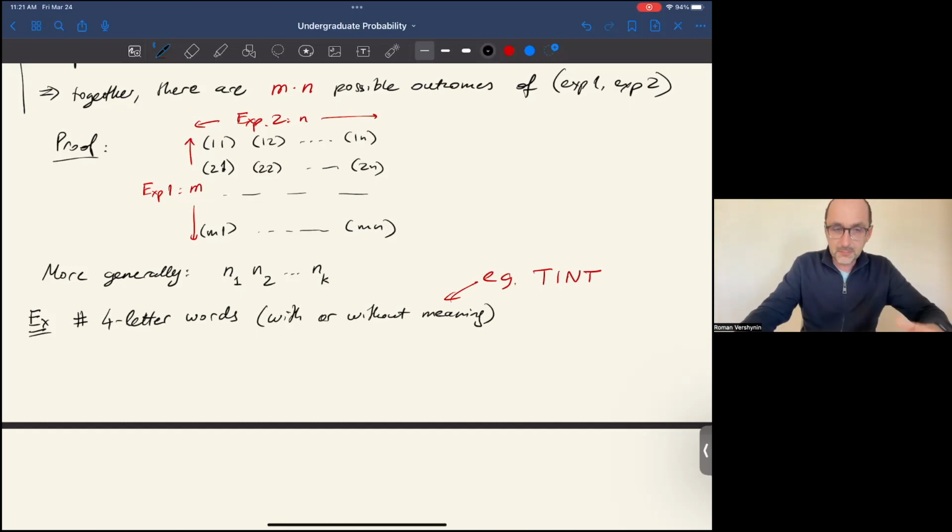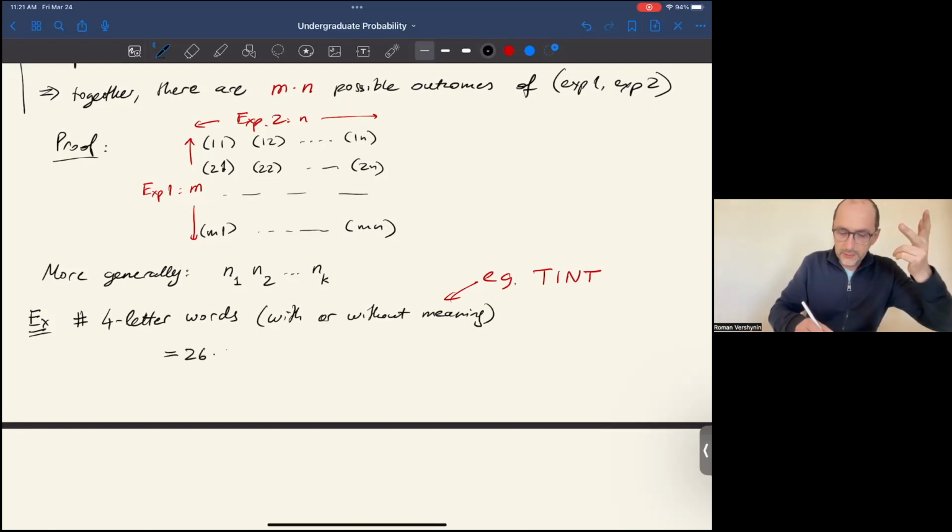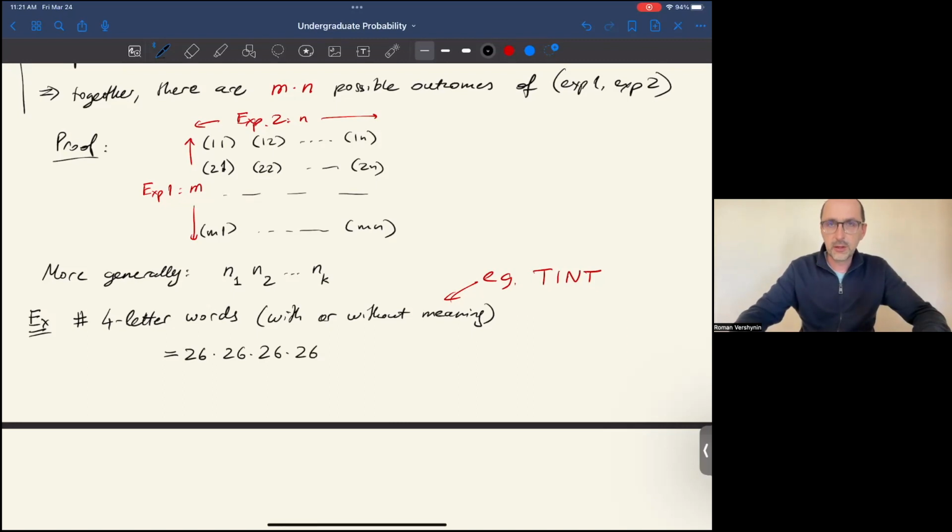How many? Well, there are 26 ways to choose letter 1, 26 ways to choose letter 2, 26 ways to choose letter 3, and 26 ways to choose letter 4. And we multiply this by the multiplication principle. If we think of experiment 1 as choosing letter 1, that can be done in one of the 26 ways.